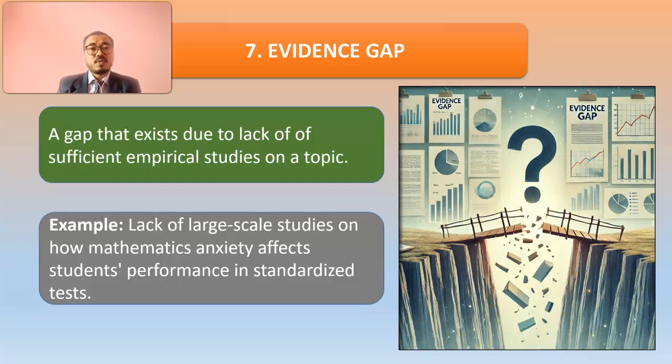If we do research on only a certain number of students, then it will not be able to provide the exact data on why students facing mathematical anxiety are not able to perform well in tests.